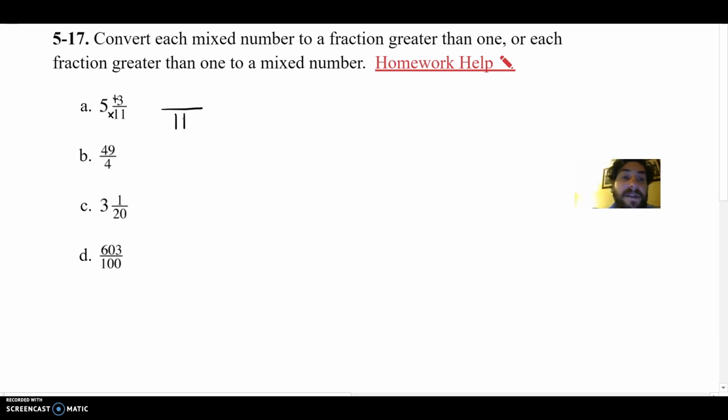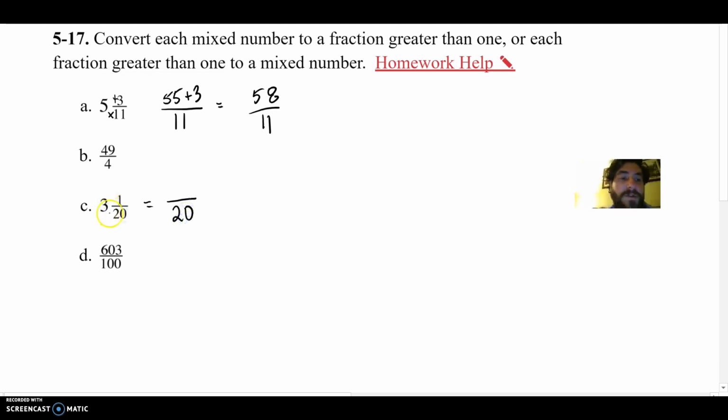But how many 11ths? Well, this 5 represents 55 11ths, because that makes 5 wholes, 55 11ths, plus these 3. So 55 11ths, that's the 5 wholes, plus the 3 11ths is 58 11ths. All right, how that looks here is, I take the wholes, and I'm asking myself how many 20ths is this?